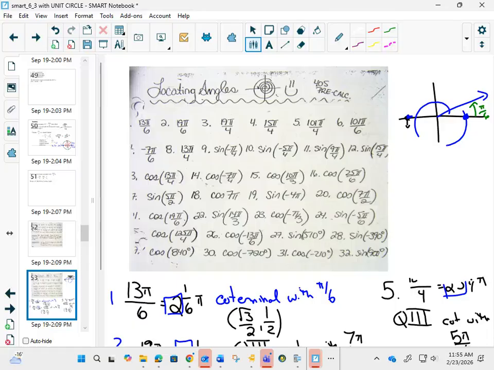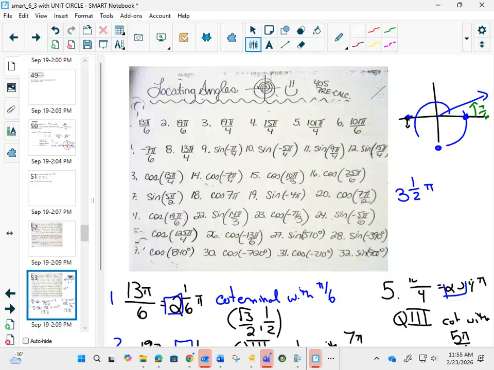So hypothetically, let's say you get a number like 3 and 1 over 2. Would that ever ask what quadrant? Well, 3 and 1 over 2 is halfway, so it'll be right here. Technically it's in between quadrant 3 and 4. It's an axis family, so you would just use your axis family stuff.